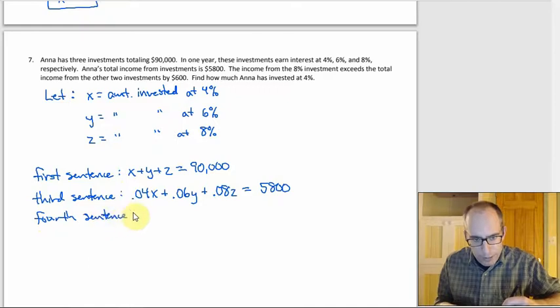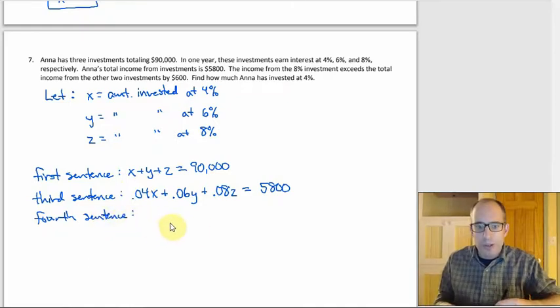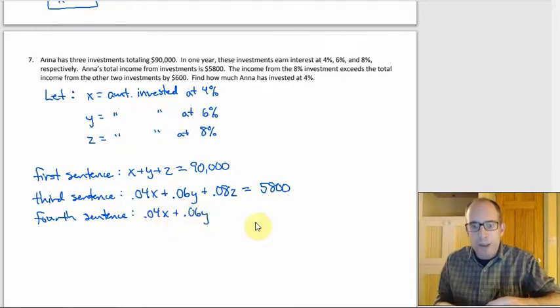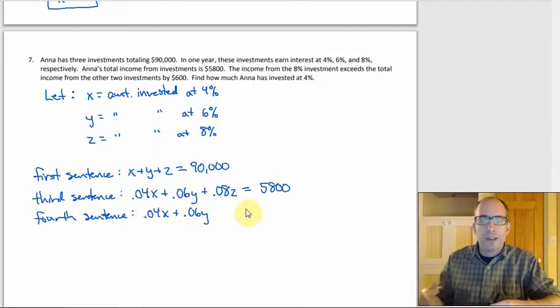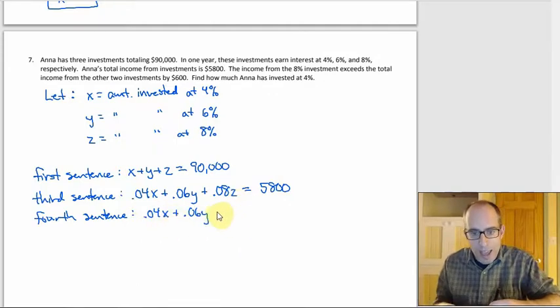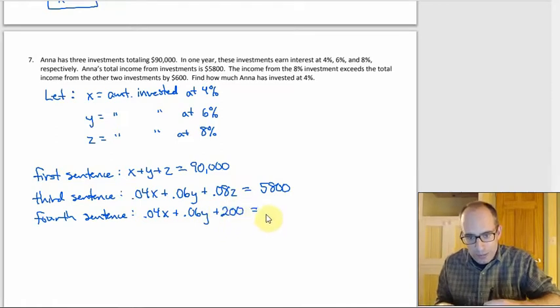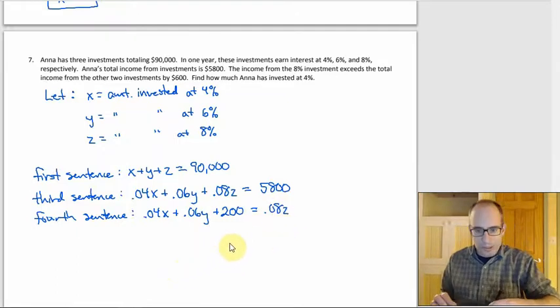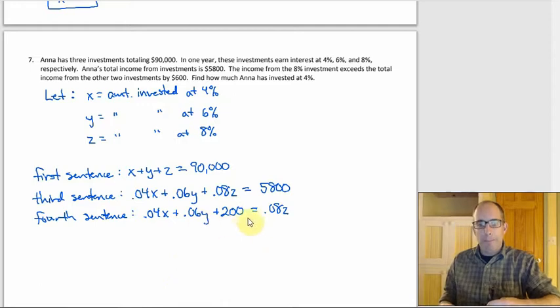Okay, so the fourth sentence, there are a couple of different ways to write this. It involves the income of the other two, so I'm going to write those out first. So 0.04x plus 0.06y. And then the 0.08z exceeds this by 600. So if you took this and added 600 to it, you would have to get 0.08z. However, this is going to be a little bit easier to deal with if all the variables are on one side.